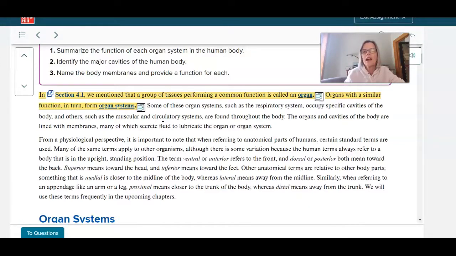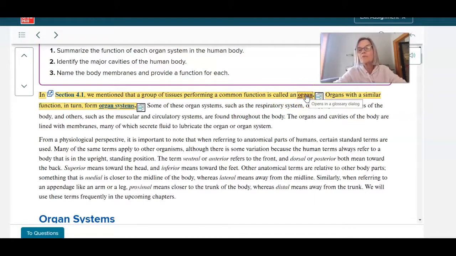Molecules come together and make, we can look at our 4 major groups of organic molecules, but they're important for building living things. And our smallest living organism can be a cell. And so groups of cells working together form tissues. And now we're at the level where we said groups of tissues can work together to perform a common function in the form of an organ.